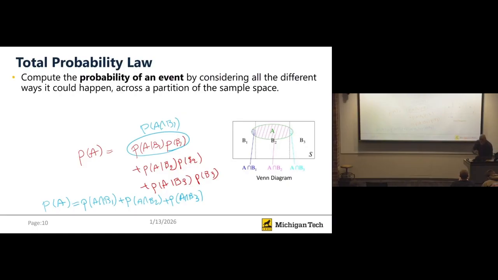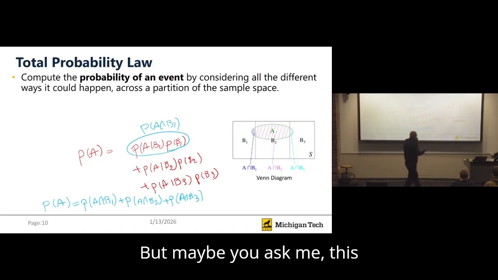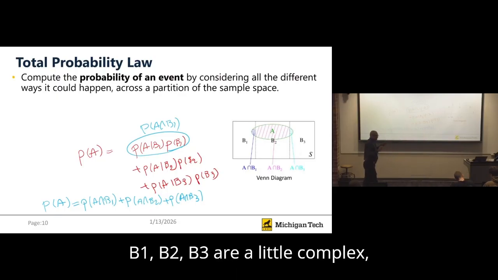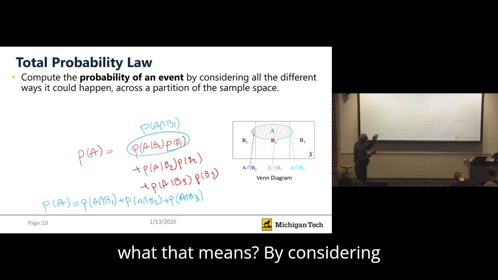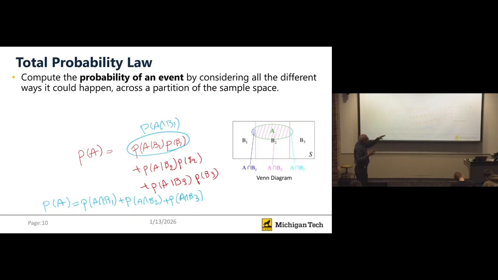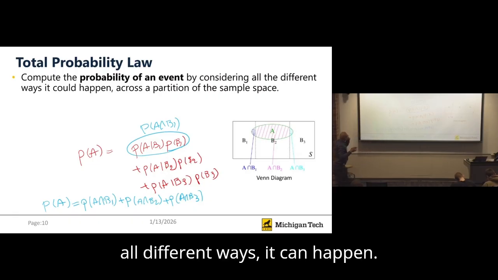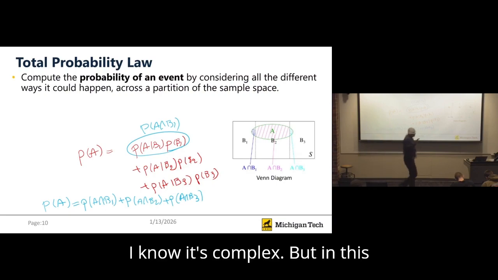But maybe you ask me, these B1, B2, B3 are a little complex. What does that mean? By considering all different ways it could happen, I know it's complex.